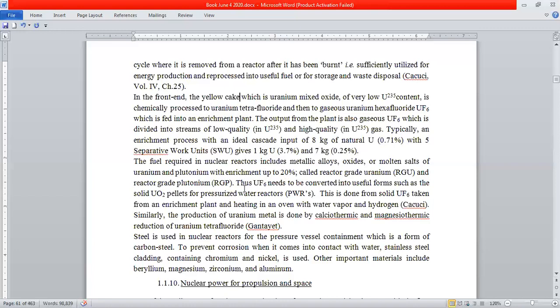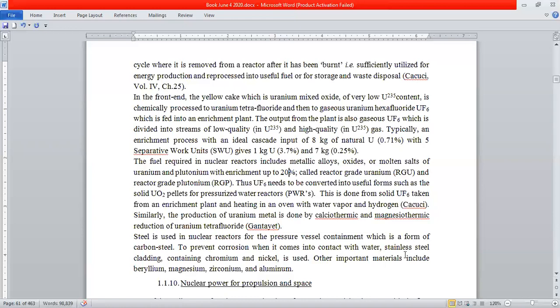Now, above 20% is not done for power reactors because you go into higher enrichment, and 90% is for weapons. And I'll just show you that new reactors, small reactors, are being considered micronuclear reactors with up to 60-70% enriched fuel.